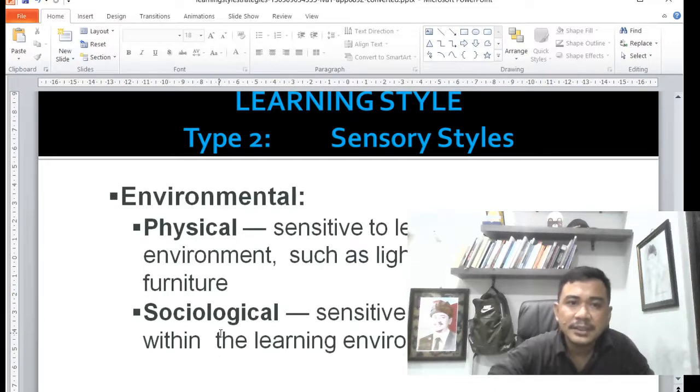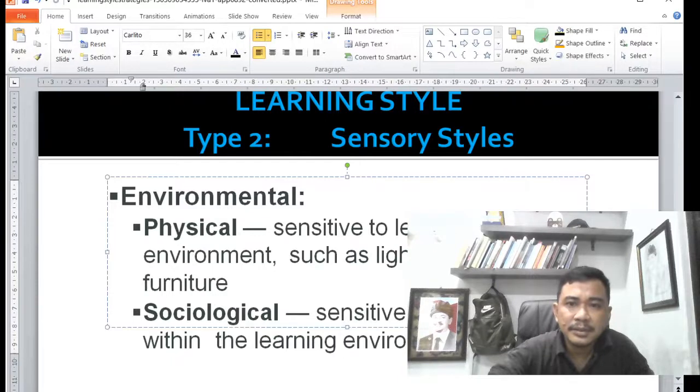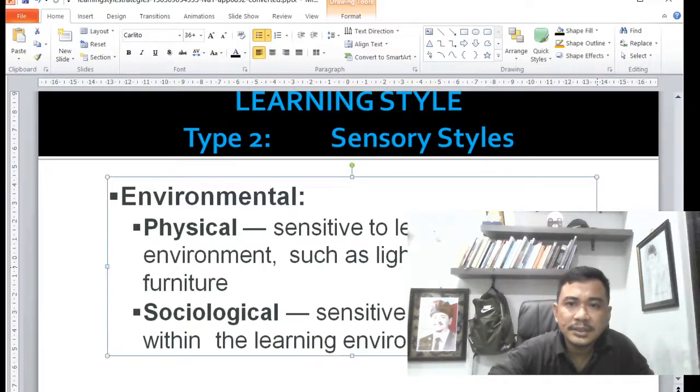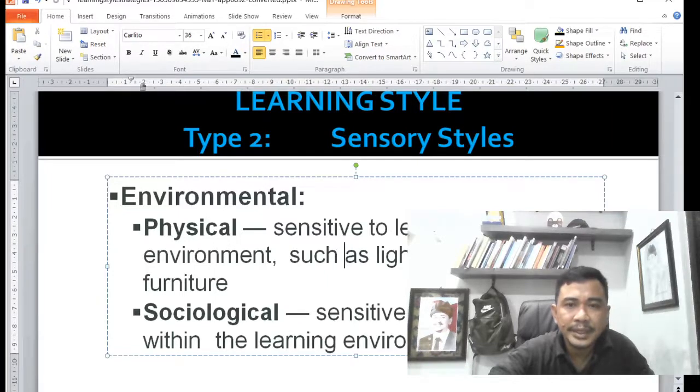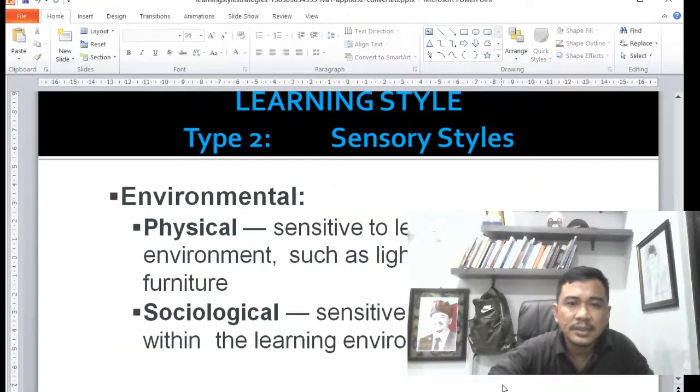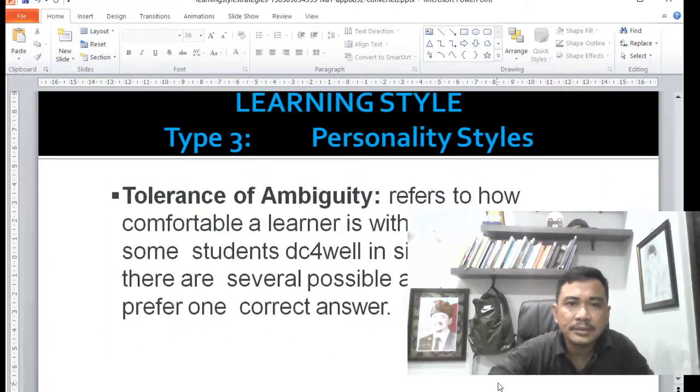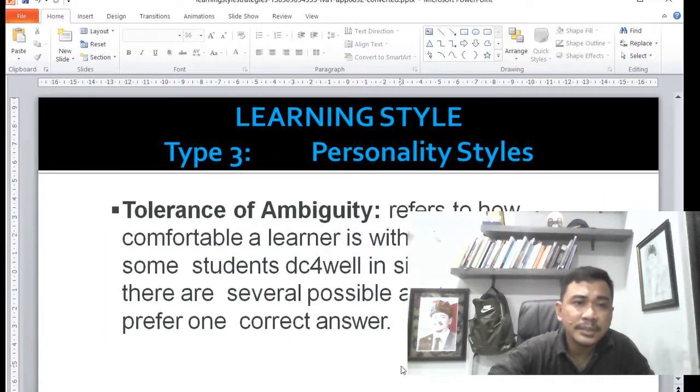This means some people don't need other people to learn, or they don't need other people around while learning. Physical means environment, like light, temperature.